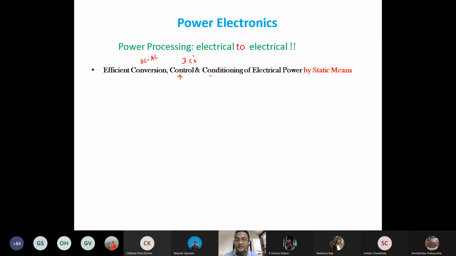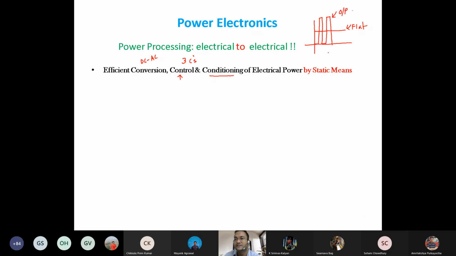Another is conditioning. In power electronics, you will see that we are using switching. Several times we'll be turning a switch off and on, and as a result, the output won't look exactly like what we are looking for. For example, if I want a DC output, I want this kind of output, flat DC, right? But in practice, after a power electronic converter, we might be getting something like this, whose average value is the same as what we want, but actually the output will be something like this.